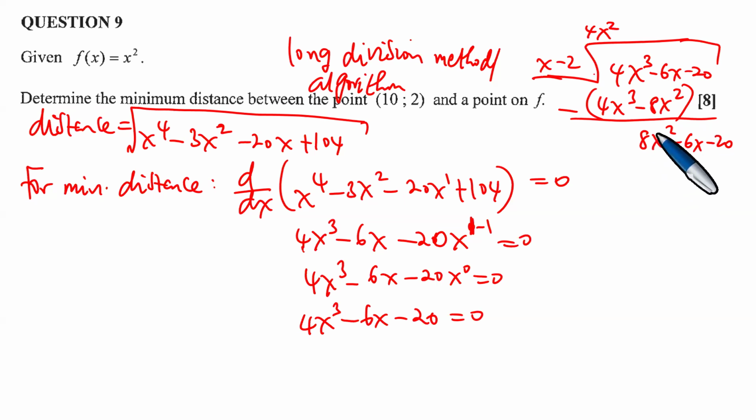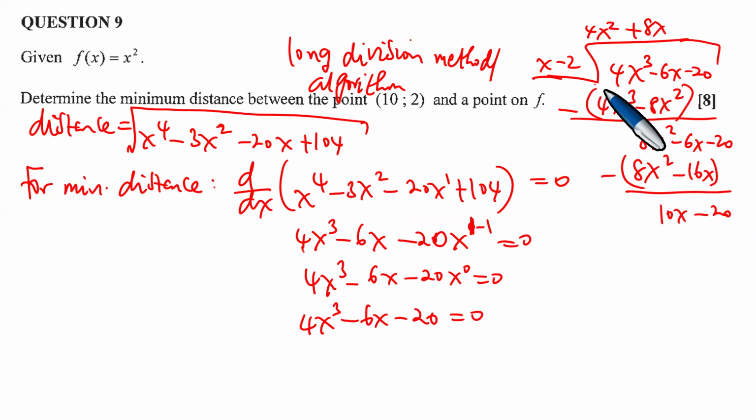You have 8x squared divided by x, which is exactly 8x, and x by 8x is 8x squared minus 16x. This cancels out, giving us a 0, and this is actually plus, because negative by negative is plus, and then you have 10x minus 20. 10x divided by x, you get 10. x by 10 is 10x minus 20, minus outside, 0.